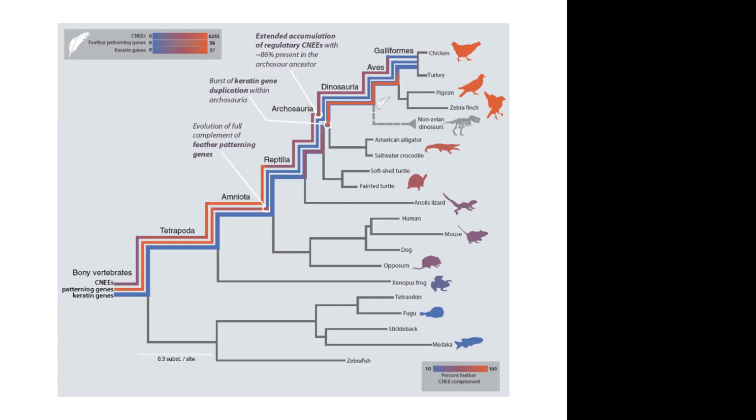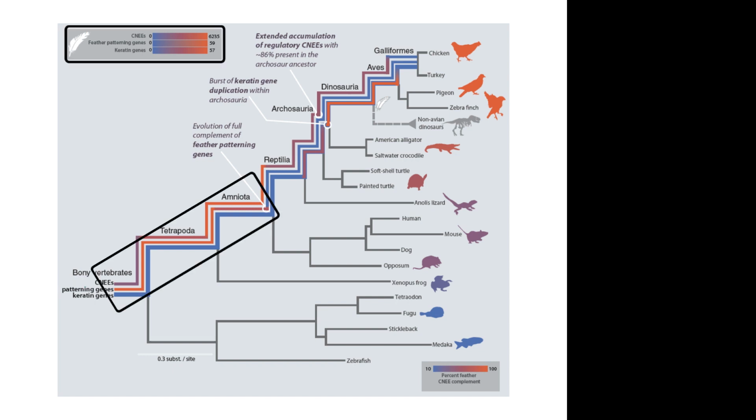So this diagram is a phylogram of those different organisms and showing a few different types of genes, including keratin genes, patterning genes for where those genes are turned on, and then some other genes relating specifically to feather formation.